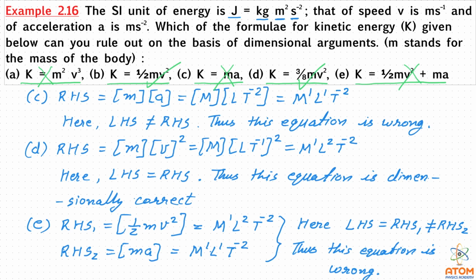But that is not the question which is asked here. We have to just check on the basis of dimensional arguments. So as per that, the second and the fourth equations are dimensionally correct.